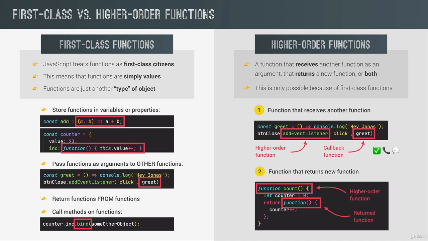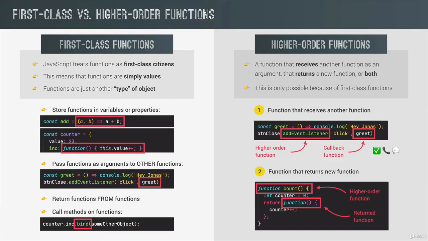Now, just to finish, there seems to be some confusion between first-class functions and higher-order functions. Some people think that they are the same thing, but actually they mean different things. So first-class functions is just a feature that a programming language either has or does not have. All it means is that all functions are values. That's it.